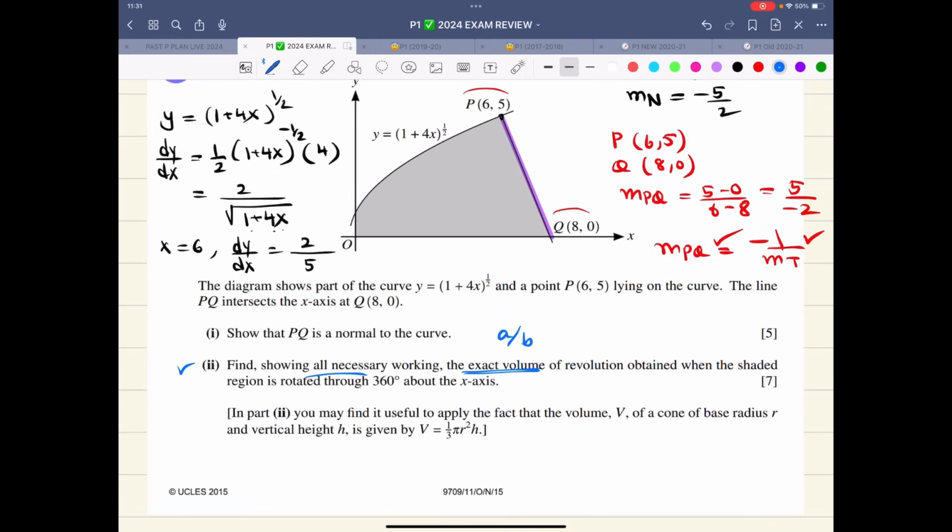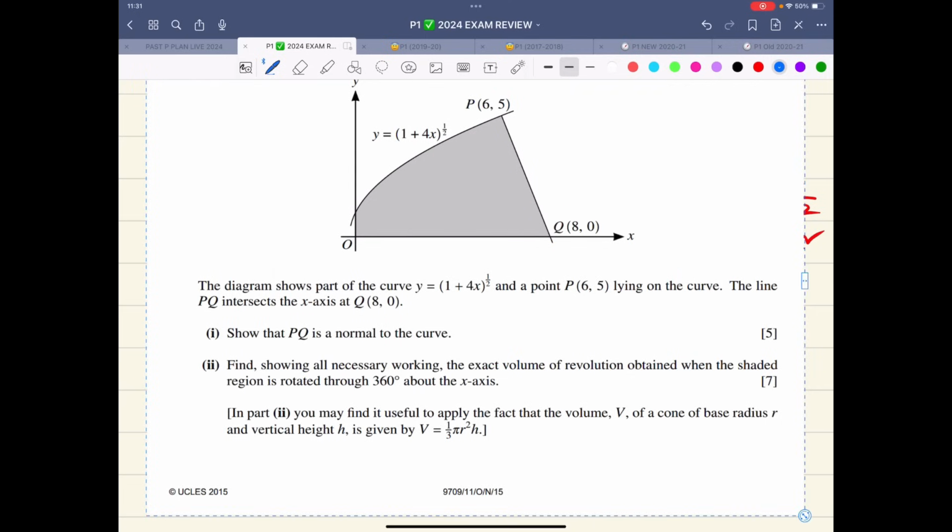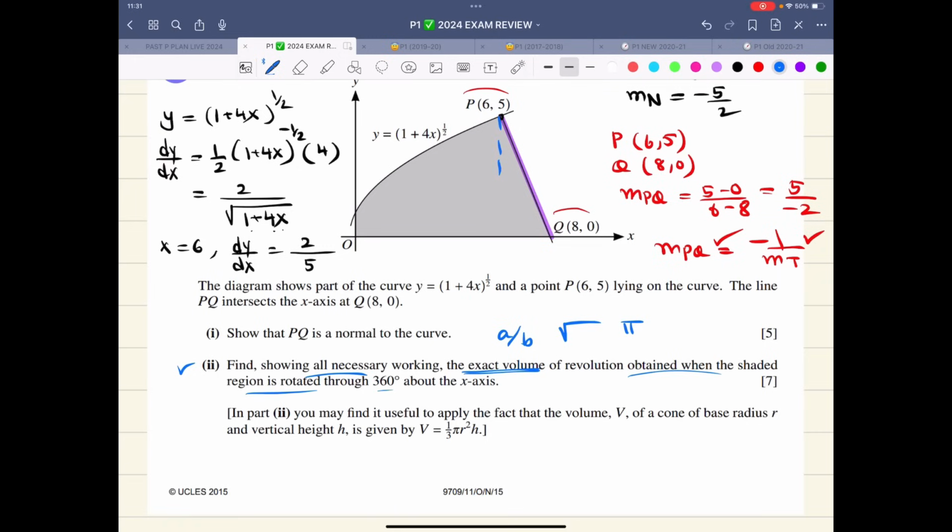Exact means fractions, exact means surd form, exact means in terms of pi. The volume of revolution obtained when the shaded region is rotated 360 degrees about the x-axis. So first of all, let me draw a dotted line over here. This is 6, this is 8. This is the region under a line, and this region over here is under this curve.